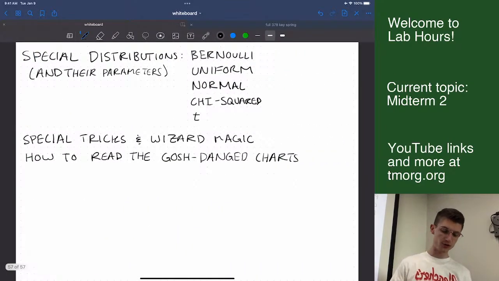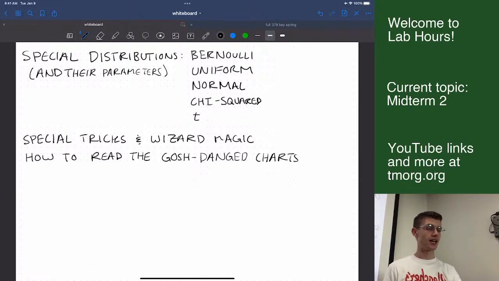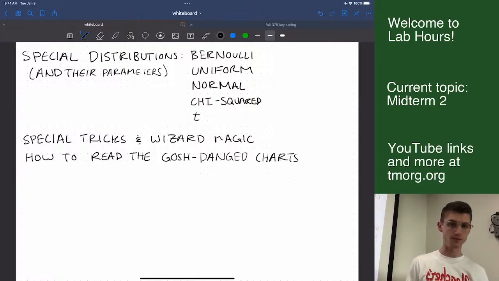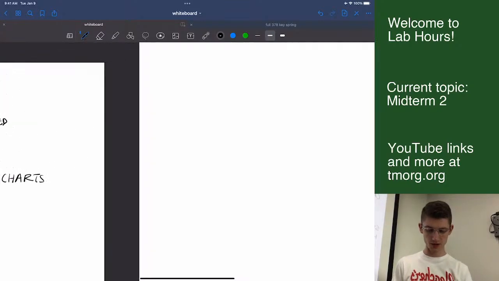Then we'll talk about Bernoulli, uniform, normal, chi-squared, t distributions, all the fun special things that have to do with those. And then we'll do some special tricks and wizard magic. And then we'll talk about reading the charts, because learning how to read the charts and how to think about the graphs and the charts is critical. It's basically the rest of the class, and it's actually these skills that the class was designed for. So let's get right into it.